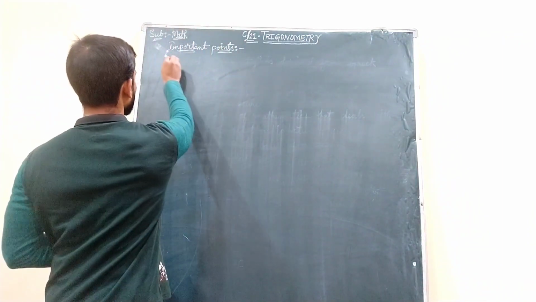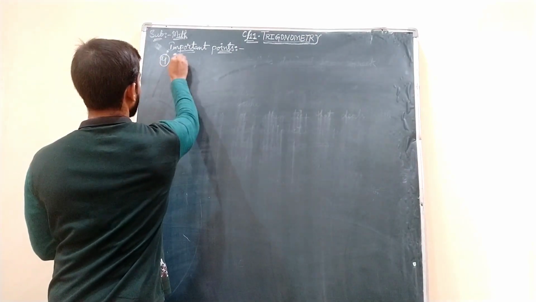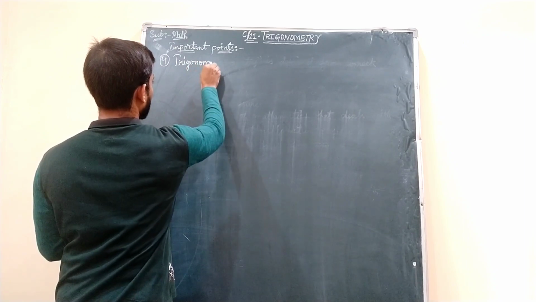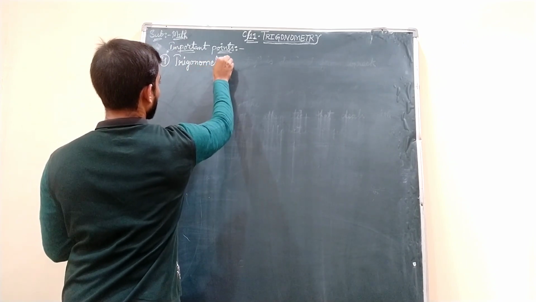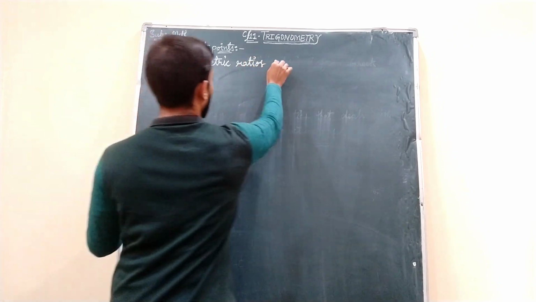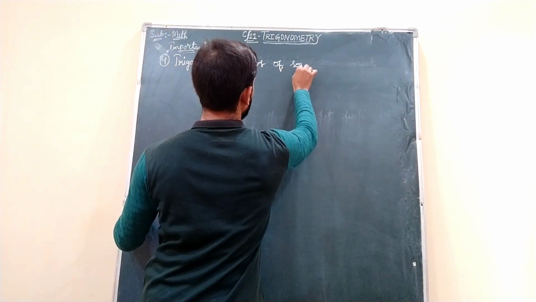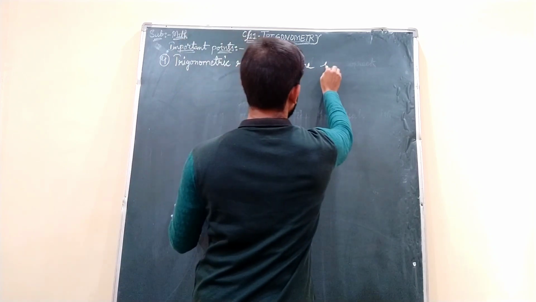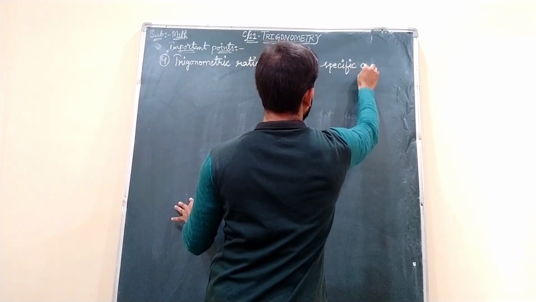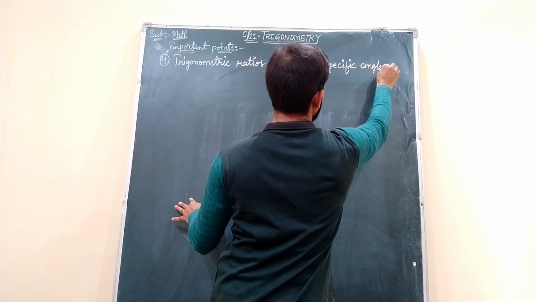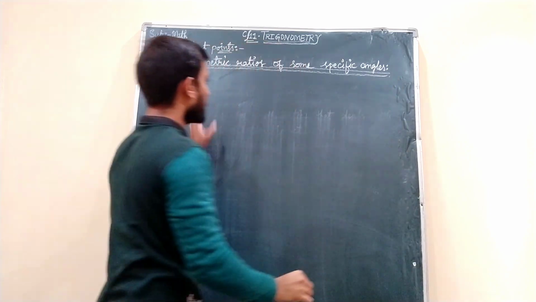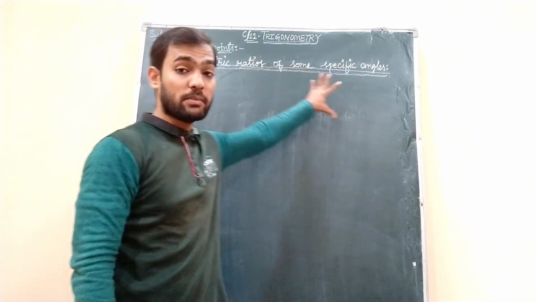Point number 4: trigonometric ratios of some specific angles. We are saying trigonometric ratios for some specific angles.